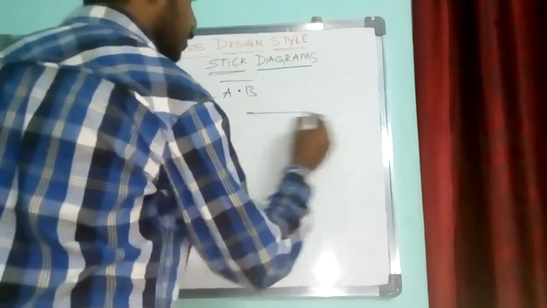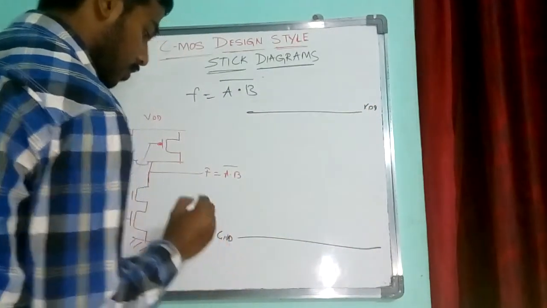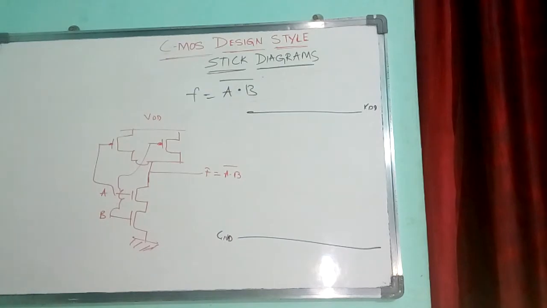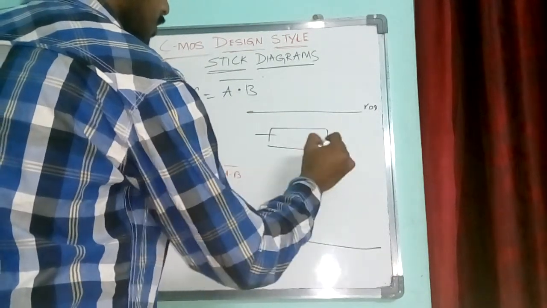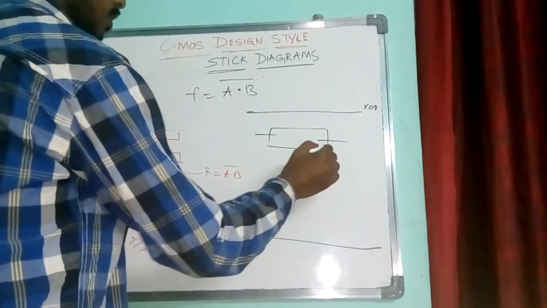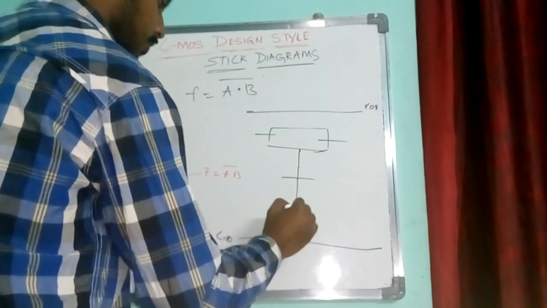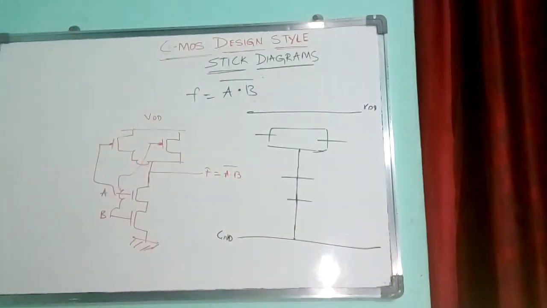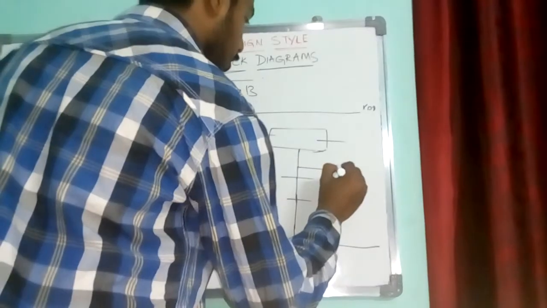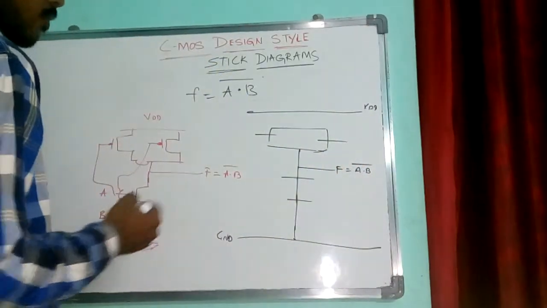Similarly, how does this stick diagram look? This is VDD, this is ground. Exactly opposite to what we have written for the NOR gate. Two transistors, and both ends are connected to another transistor, which is connected to ground. This is the output.